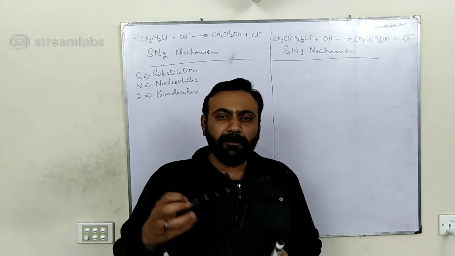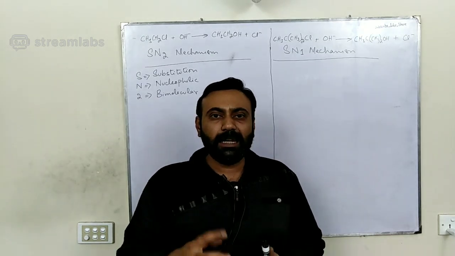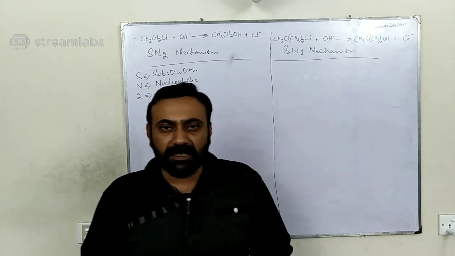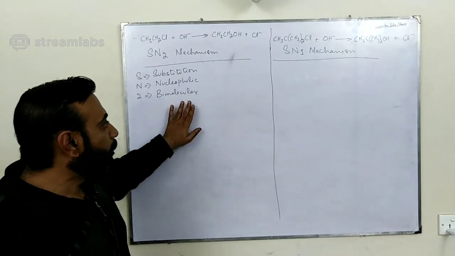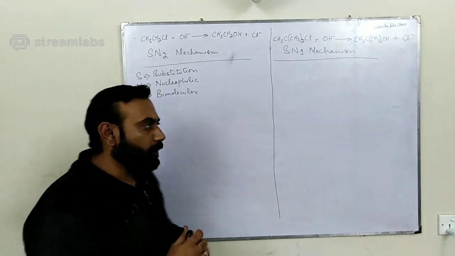Now, if in the rate determining step there are 2 reactant molecules involved, that means the reaction is bimolecular. I am repeating it again. In fact, I would write that down.